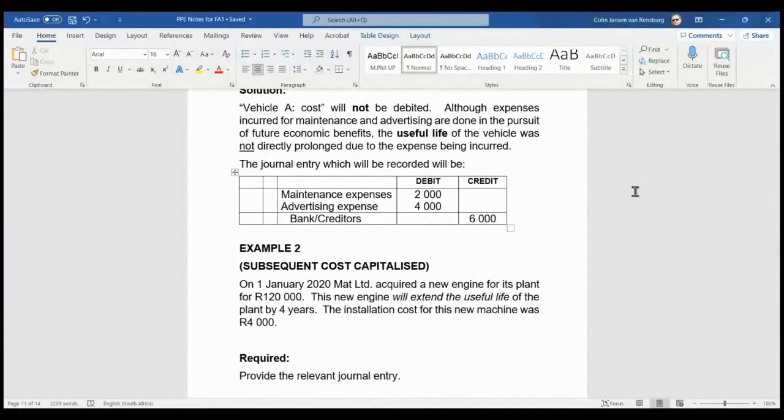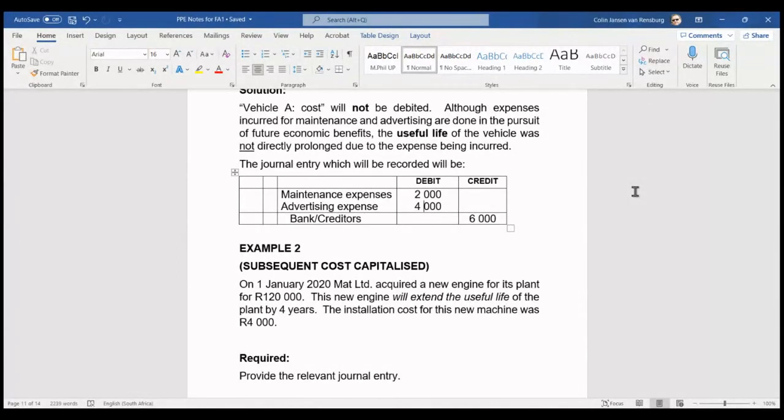Now, again, we have to refer to that definition of a directly attributable cost, and therefore that next sentence is actually quite important for us. They say this new engine will extend the useful life of the plant by 4 years. And the installation cost for this new machine was 4,000 rands, right?